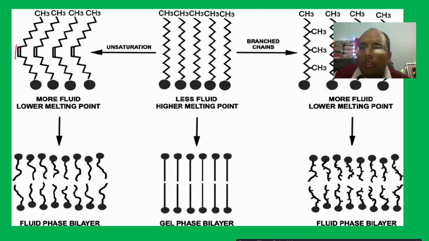Look here. Now you can see chains. Okay, you can see here the branched chains. These are also increasing the fluidity of the membrane. So unsaturated fatty acids and branched chains will increase the fluidity of the membrane.